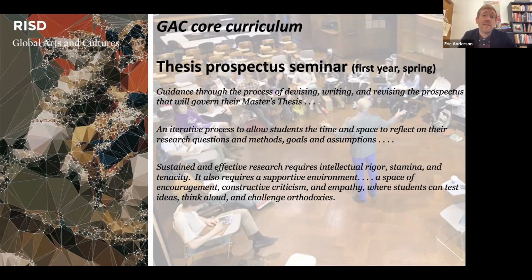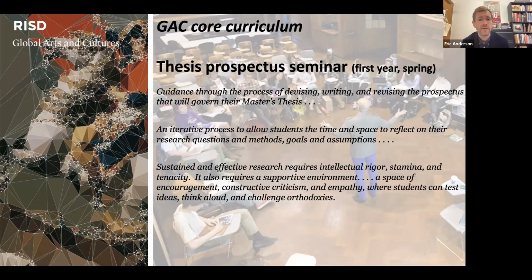So the thesis prospectus seminar provides guidance through a process of devising, writing, and revising that will lead to the master's thesis. The course sort of introduces an iterative process to allow students time and space to reflect on their research questions and methods, their goals and assumptions.